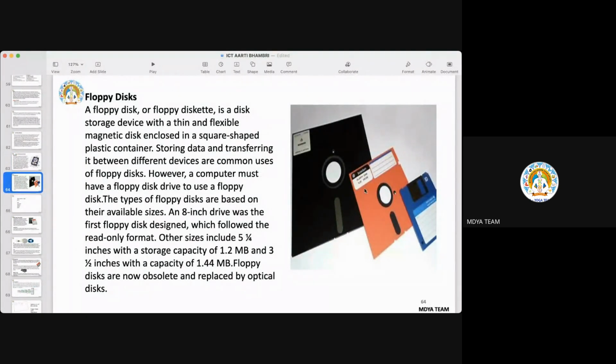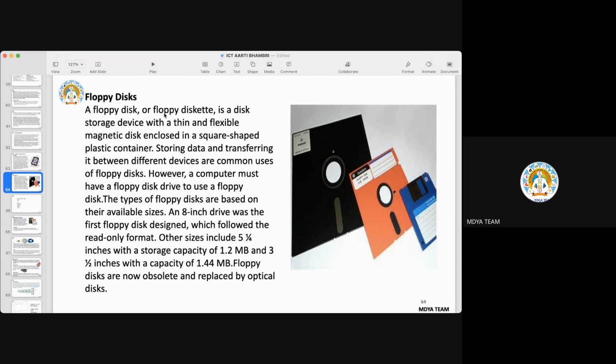Now floppy disks, they look like this. Nothing can be seen, only a small hole here, and everything is covered by some plastic material, and in between it there is a magnetic disc, or a magnetic coating material.